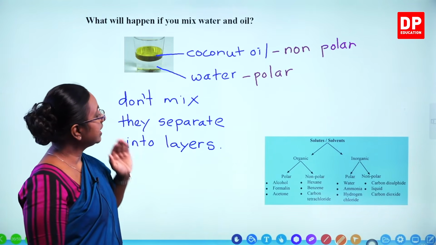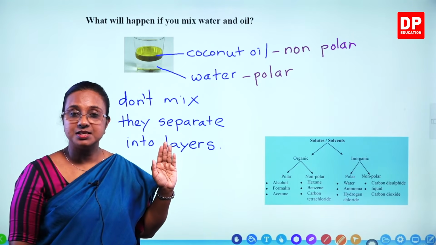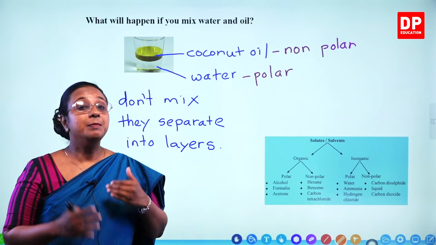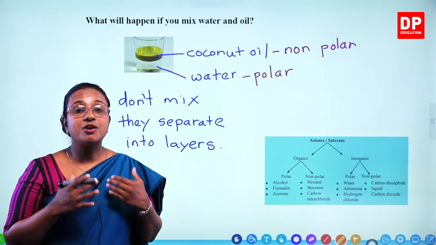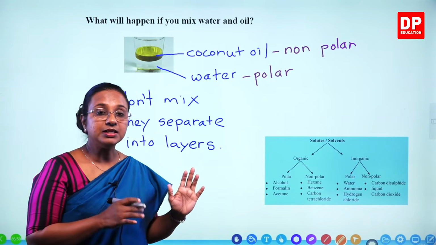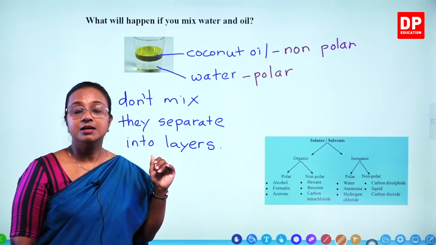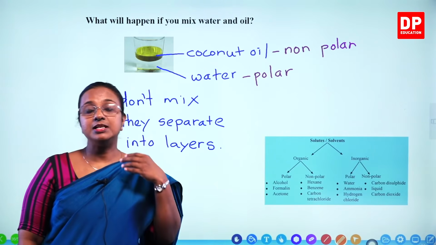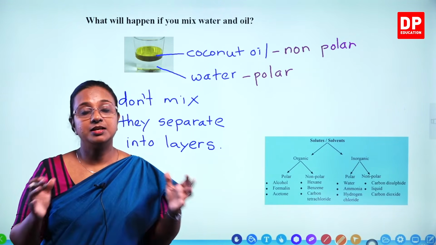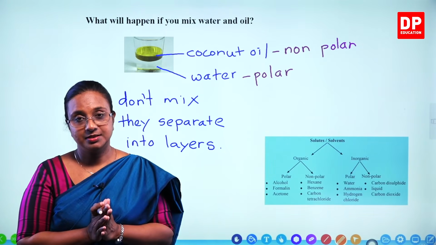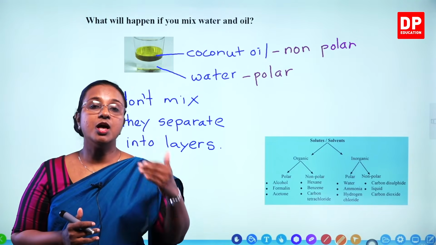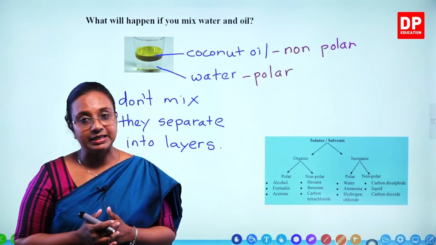So this is an example of substances that do not mix well together because of the nature of solvent and solute. Even if you heat the mixture, the solubility might increase a little bit, but they may not dissolve 100%. The substances that dissolve well will dissolve more when you heat them.